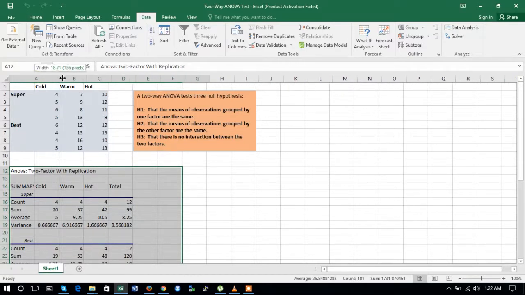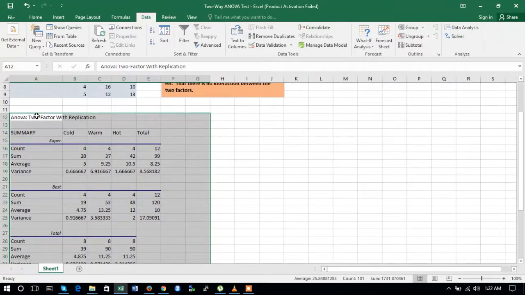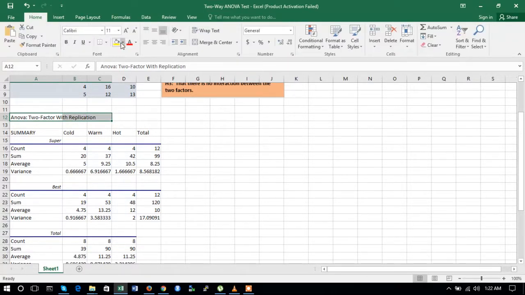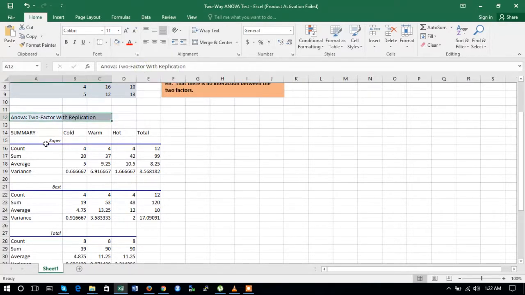You can see that these are the values for the analysis of variance with two factors. You can see the summary statistics for both of these products. We have the summary statistics for the super product, the super item, and we have also the same summary statistics for the best type of item.